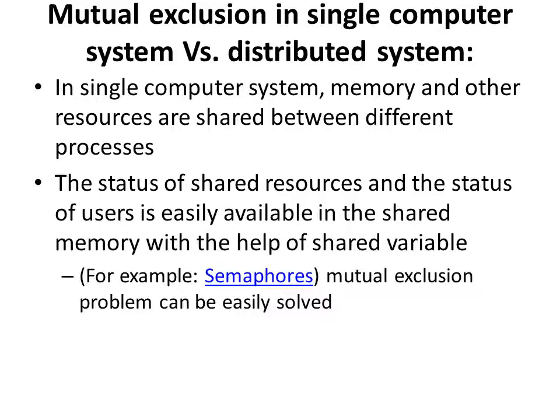The status of shared resources and the status of users is easily available in the shared memory with the help of a shared variable which is called a semaphore. The mutual exclusion problem can be easily solved using the semaphore concept. You have already seen this in the operating systems subject.